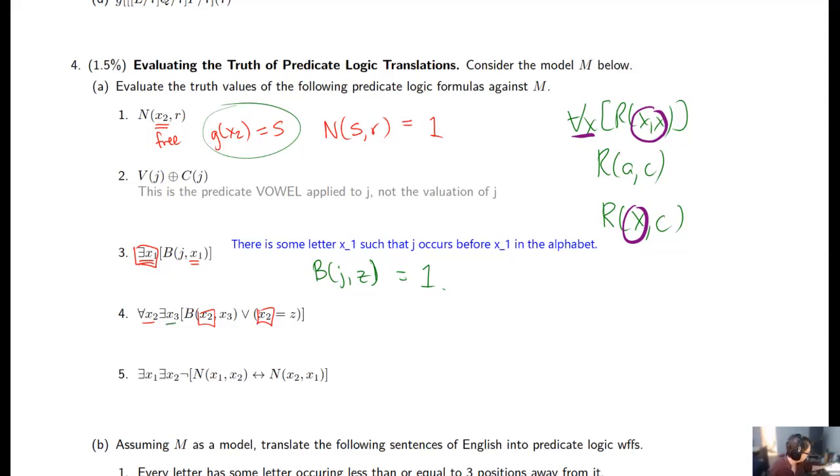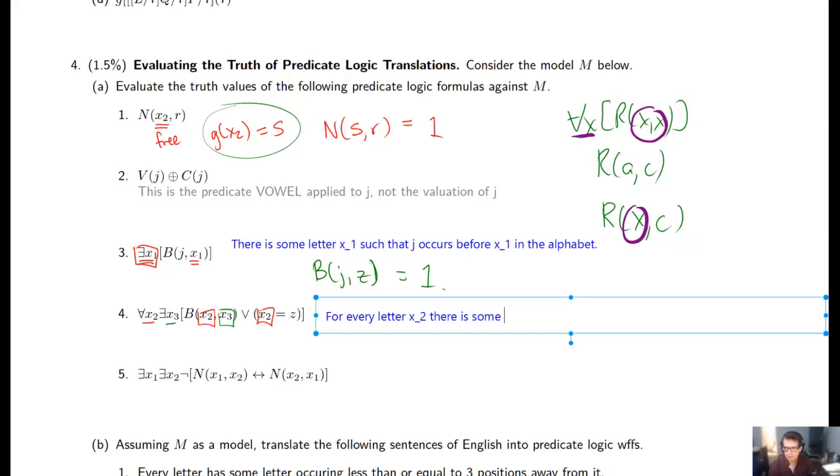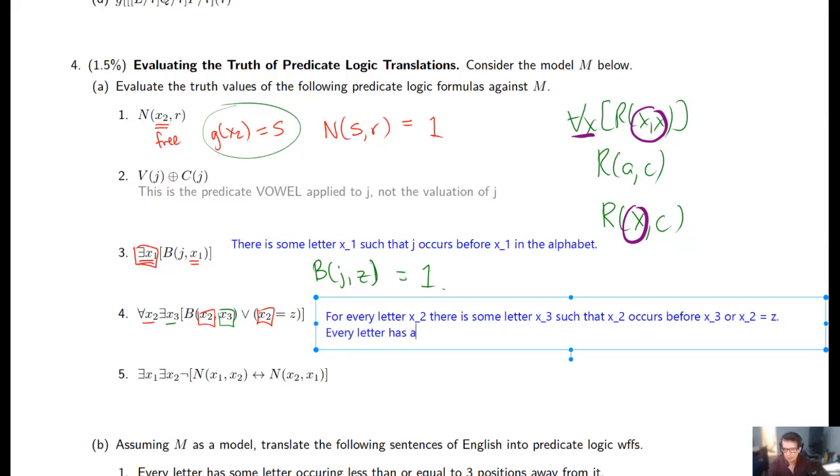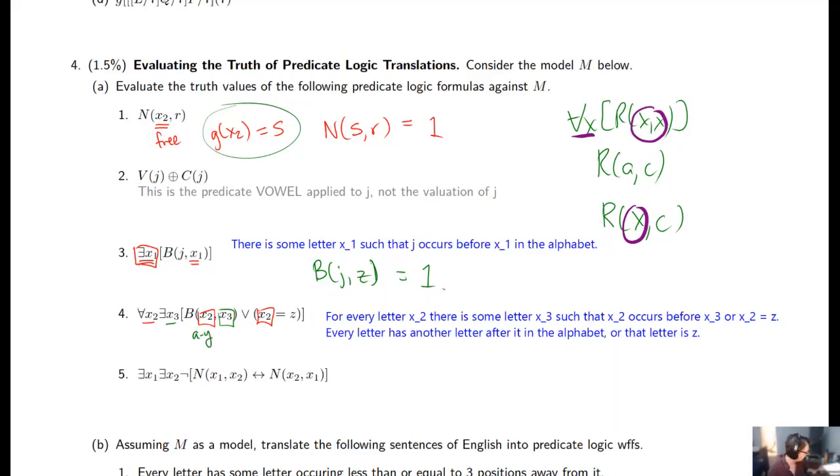There exists an x3, it's bound there, such that Bx2x3 or x2 equals Z. What this is saying is that for every letter x2, there is some letter x3 such that x2 occurs before x3 or x2 is equal to Z. So every letter has another letter after it in the alphabet, or that letter is Z. You can pick any letter A through Y for x2, and then you can always say Z occurs after it.